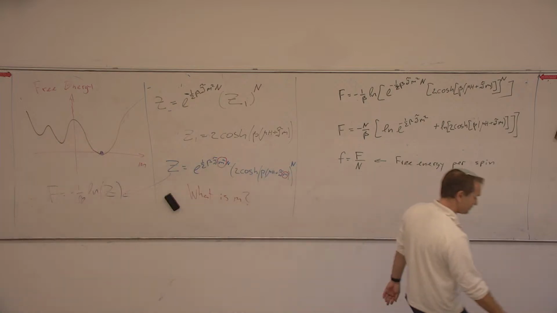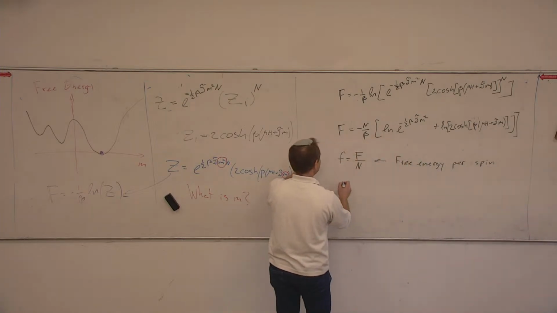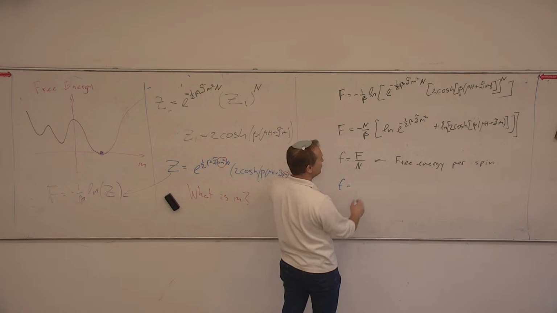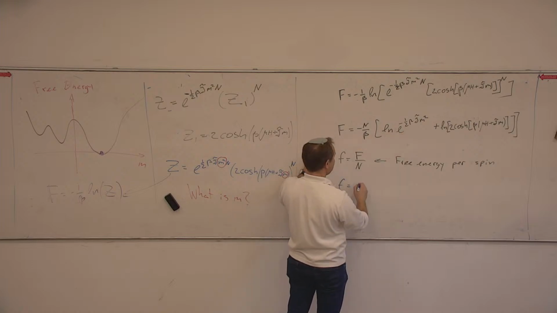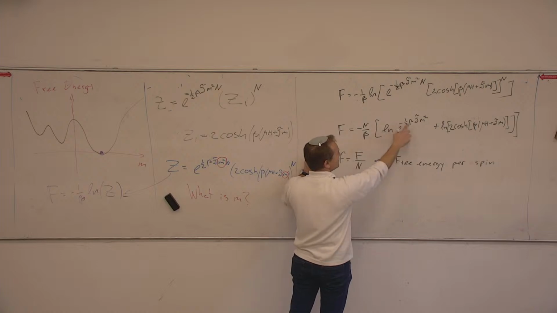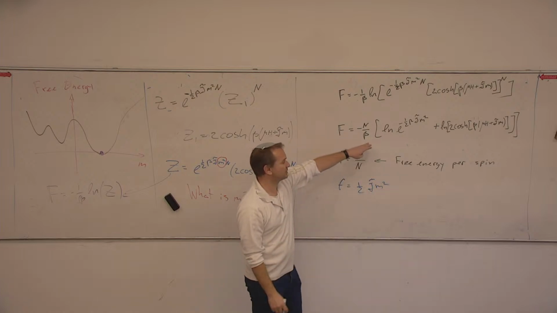Okay. So when I take a log of this guy, f equals whatever stands in the exponent. I have 1/2 beta, which cancels this beta over here, j tilde m squared. So this is the first term.